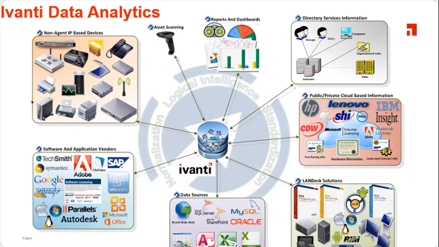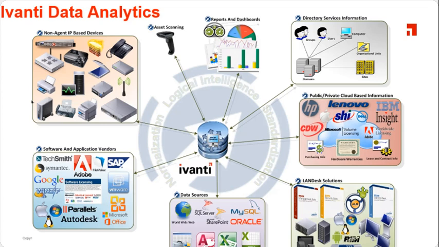We can bring all that license information into this one pane of glass and match it against the software that we've got installed and our software usage information to find out exactly what software is being used, how often it is being used, and compare that against how many licenses we have and what the difference is. Do we need to buy more licenses, or do we need to start reclaiming software because we're over licensed?